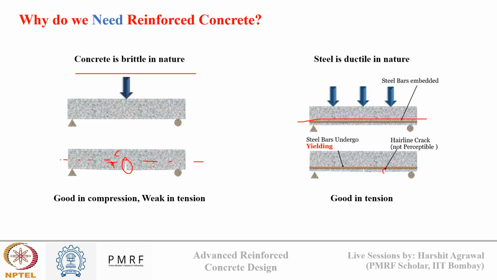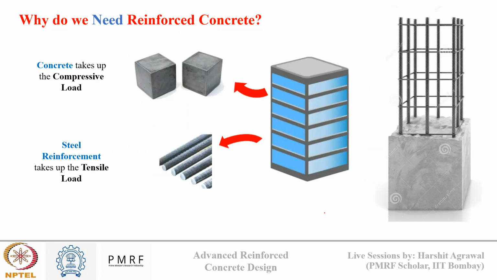It prevents cracks from propagating, and it takes the tensile load after the concrete cracks. This makes reinforced concrete good in compression as well as in tension. You can see here, concrete takes the compressive load and steel takes the tensile load, and both these materials act as a composite in the construction application.